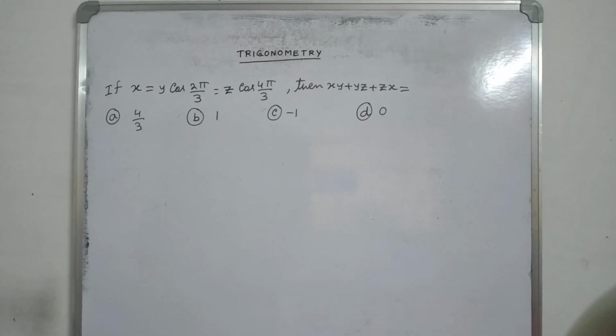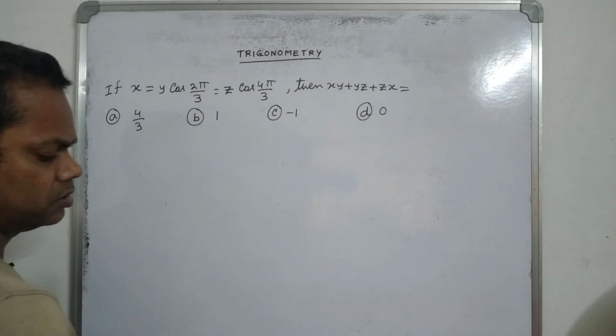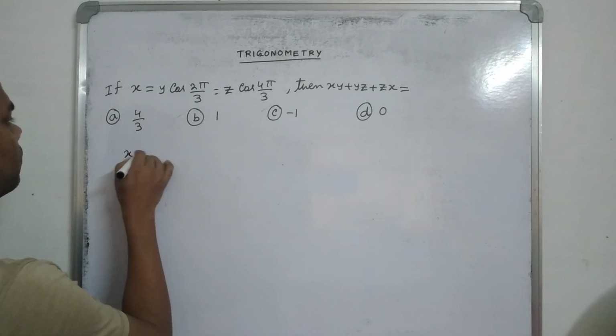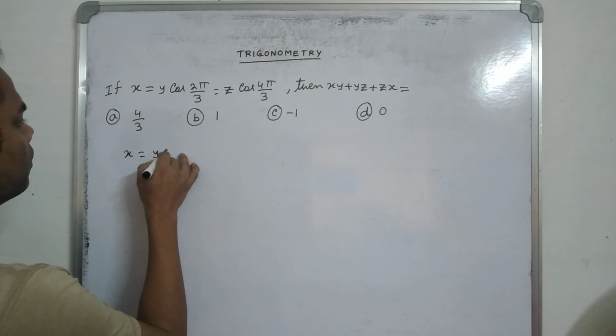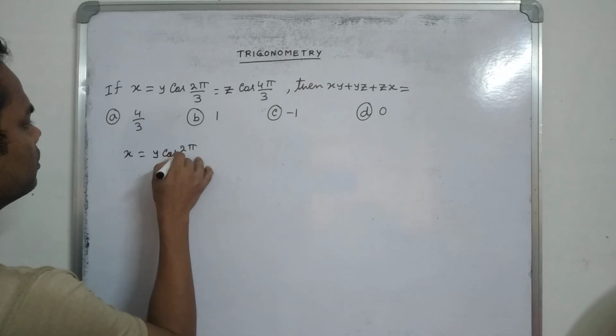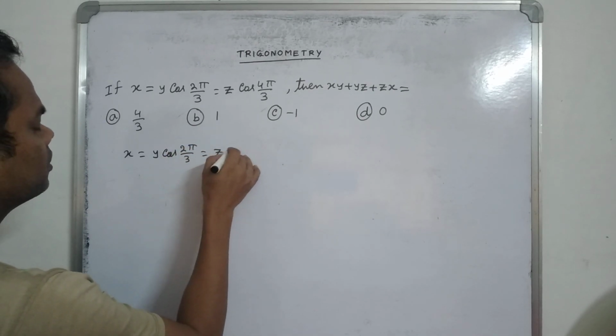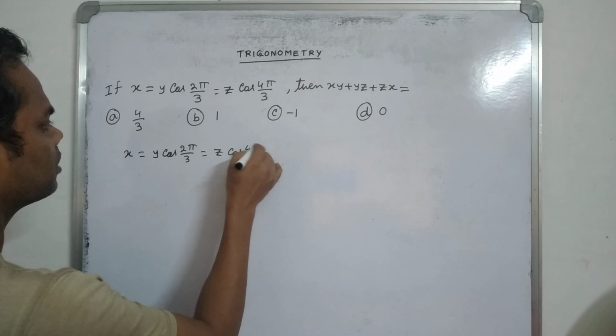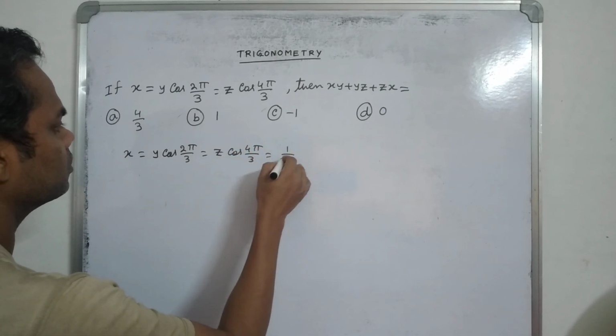Next sum: if x equals y cos 2 pi by 3 equals z cos 4 pi by 3, then xy plus yz plus zx is equal to 4 by 3, 1, minus 1 or 0. Let x equal y cos 2 pi by 3 equal z cos 4 pi by 3 be equal to 1 by k.